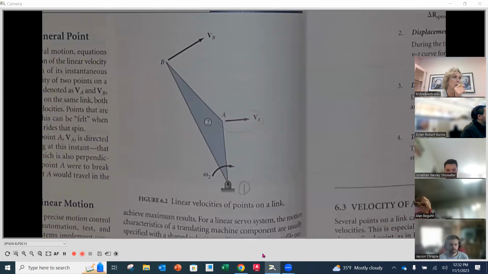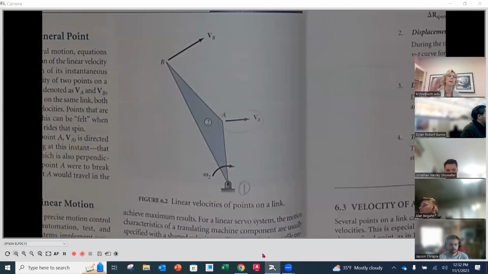So any point along a link that is rotating not only has rotational motion or speed, W, it also has a component of straight line velocity. Imagine this is rotating, and let's say point A was not affixed and point B was not affixed, but they're on there right now.